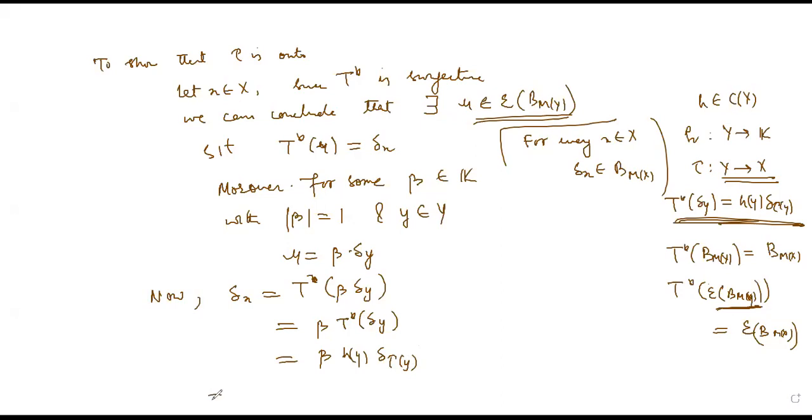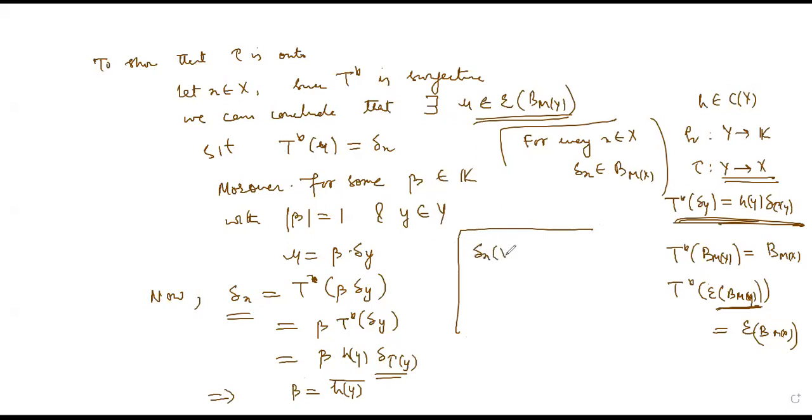Now that would imply that you can easily check that इसका मतलब है beta is equal to h y bar. Yeah, because I can think of them as functionals. This is a functional, this is a functional. Apply it to x if you are looking for a measure. तो अगर x space को apply करेंगे as a measure तो क्या मिलेगा? Because these are measures, है ना?